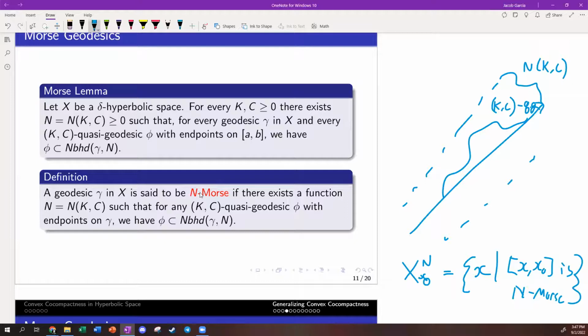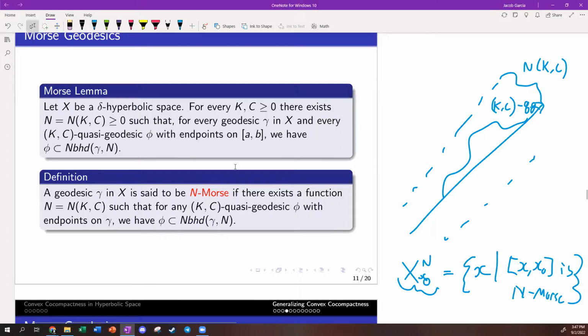You can show that every single one of these Morse strata is a hyperbolic subset of your space. Furthermore, every single point in any proper metric space is eventually in a Morse strata. So these sets actually form an open cover of your space. Each one is hyperbolic, so they all have their own Gromov visual boundary.